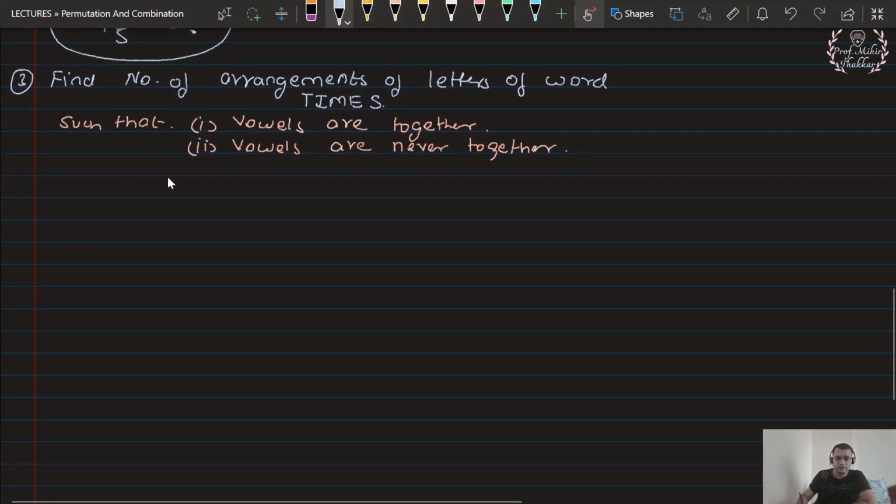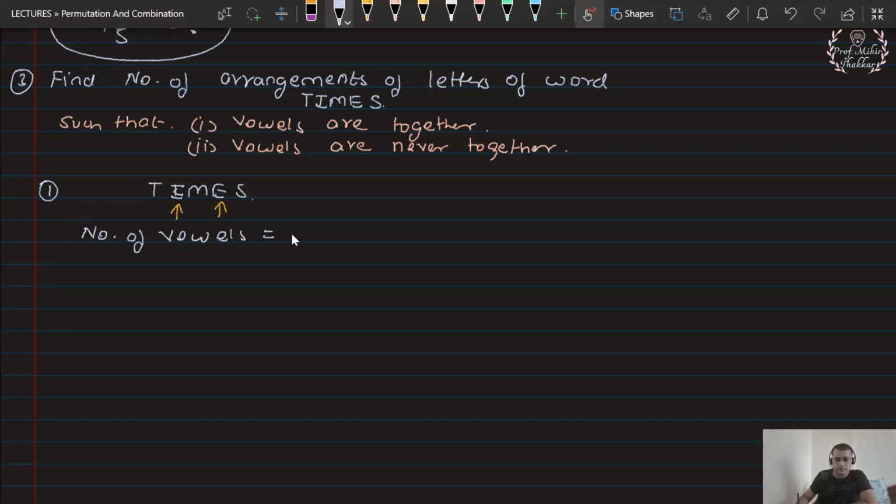Just listen very carefully. Case number 1, we are starting. The word TIMES. I can see I and E are the 2 vowels. So number of vowels is 2. T, M, S. These are the 3 consonants. So number of consonants is equal to 3.